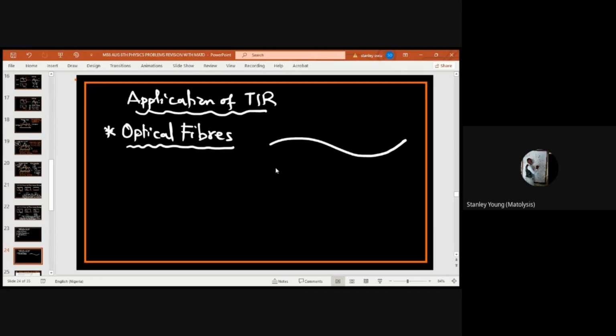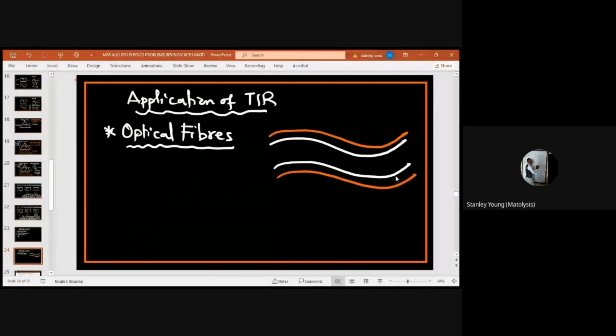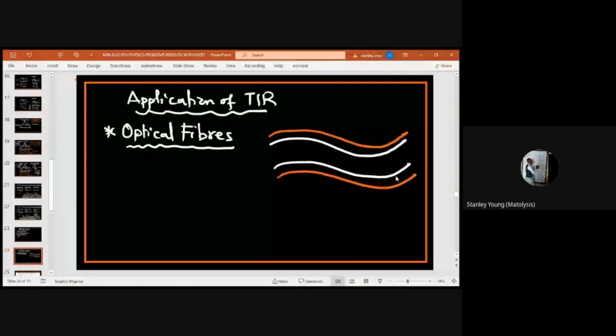Let's say this is the flexible plastic. Okay, so the flexible plastic is designed in such a way that we have it coated with something else. Okay, let's say you have something like this. I just need you to be patient.